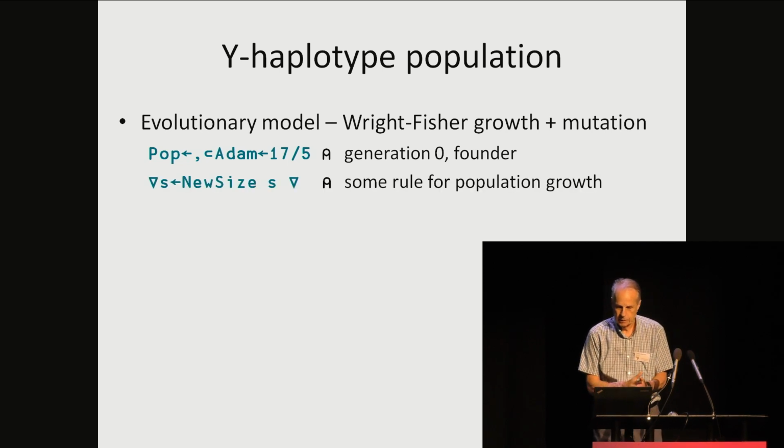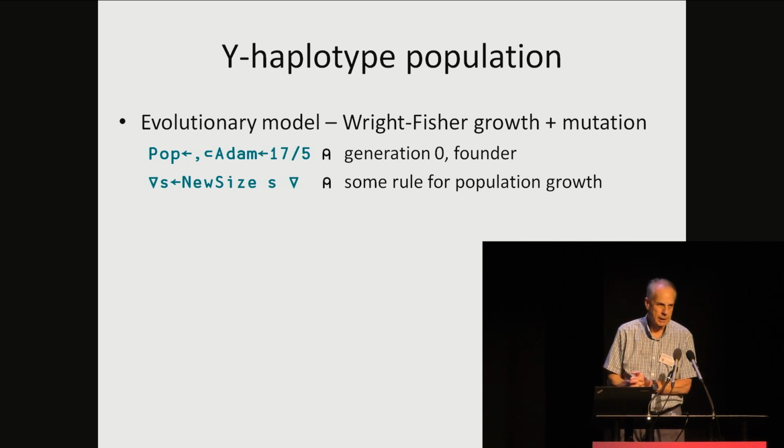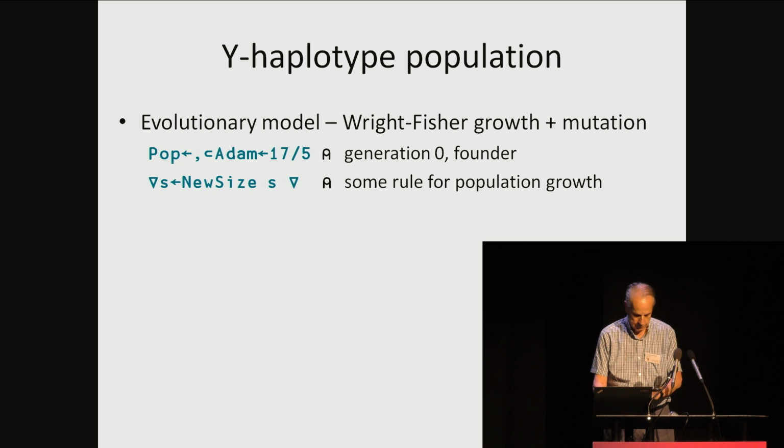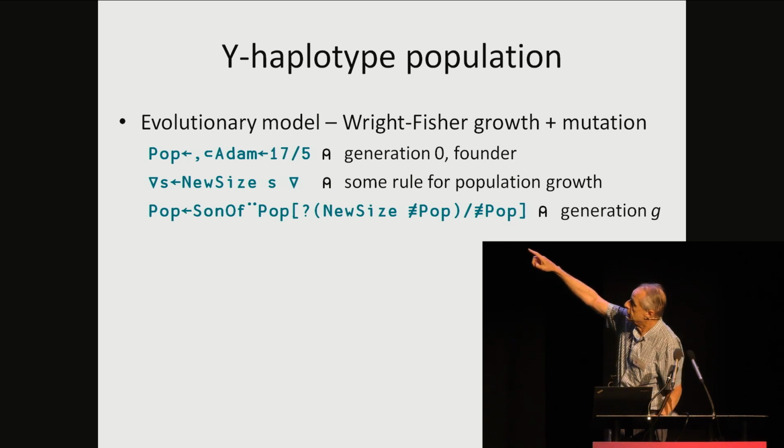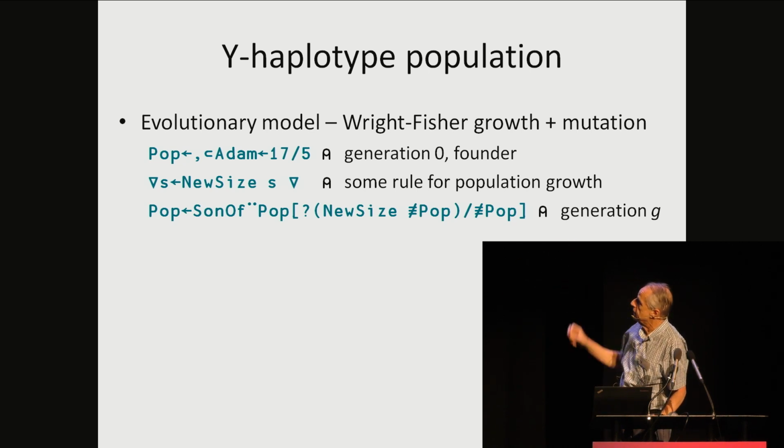The standard simplest evolutionary model is called Wright-Fisher, which means that each generation is obtained by sampling with replacement from the previous generation. In this case, I'll allow growth, so my new size is some function of the old size.